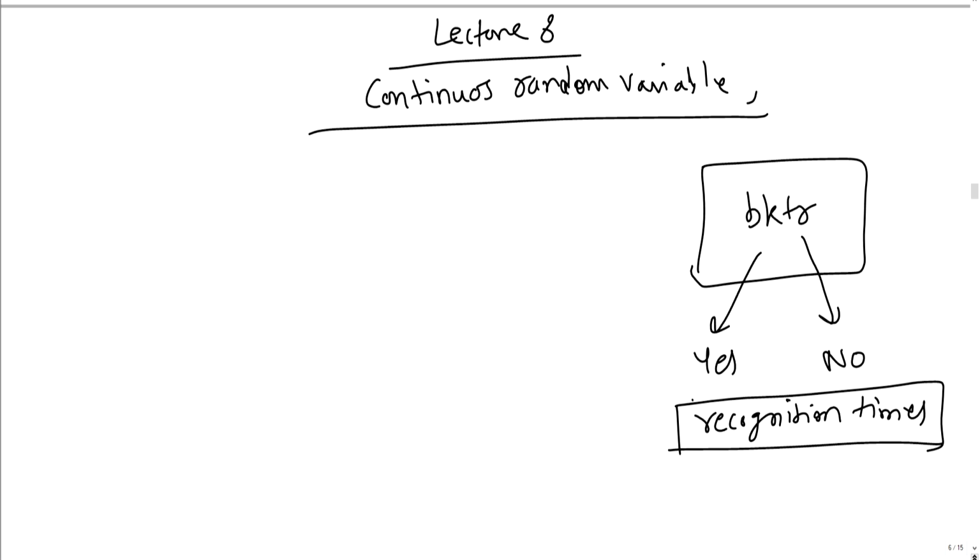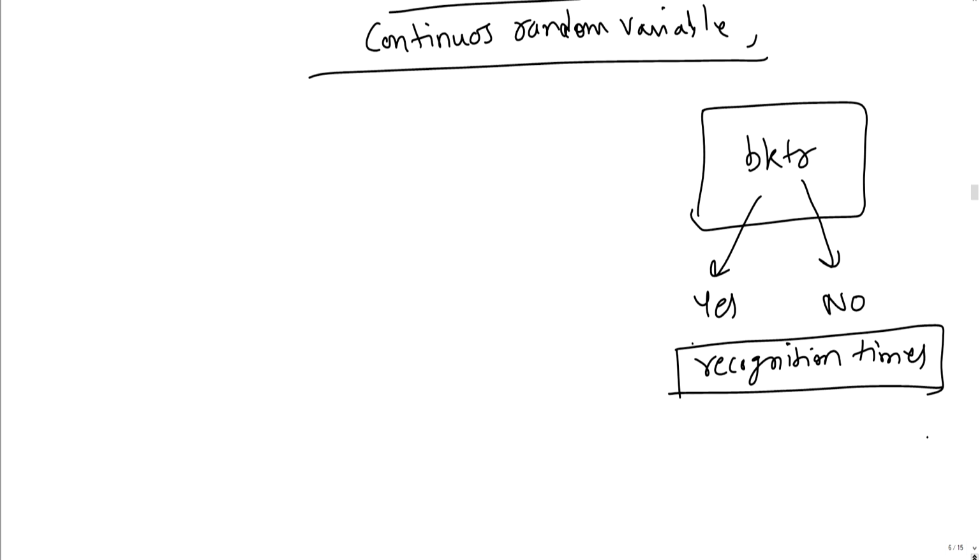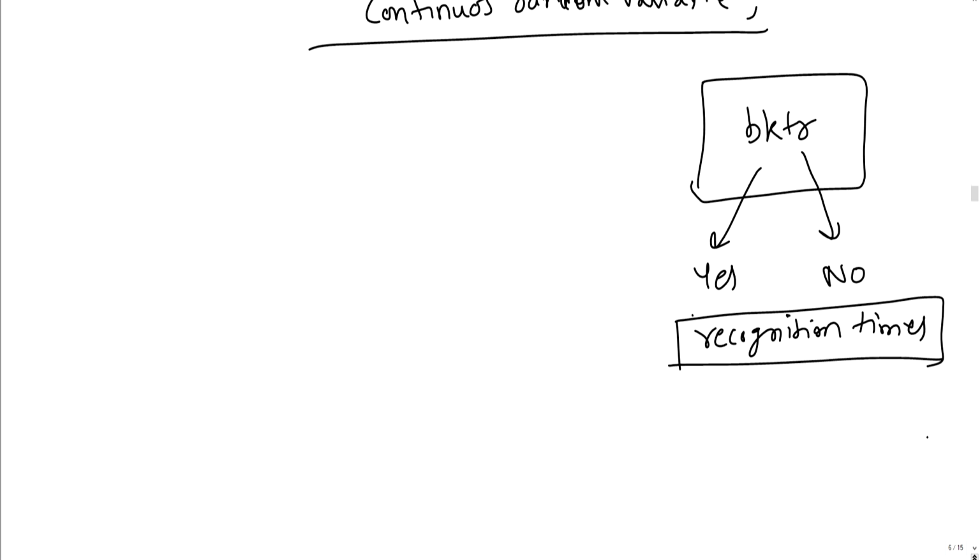All right, now given that you are interested in these recognition times, if I ask you what would be your sample space, what are all the possible values that the outcome can take? What are all the possible outcomes in a particular trial?